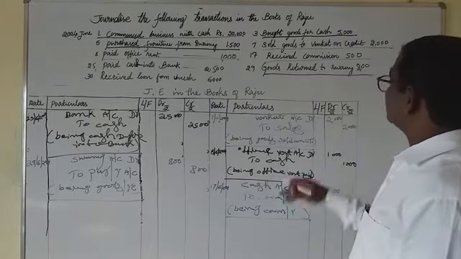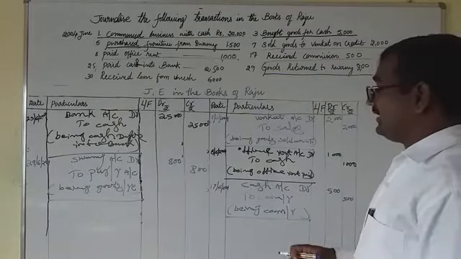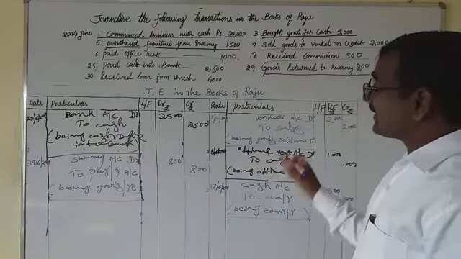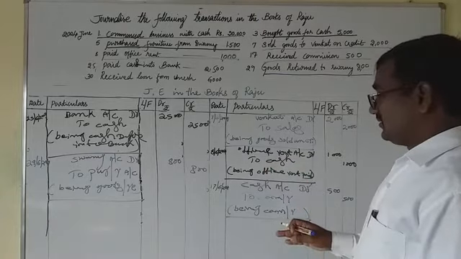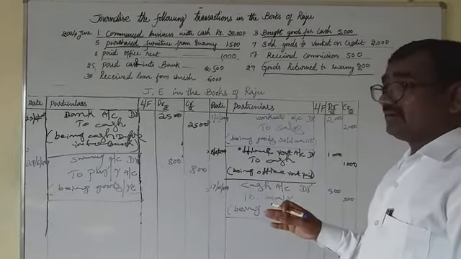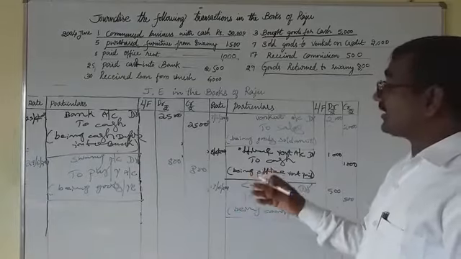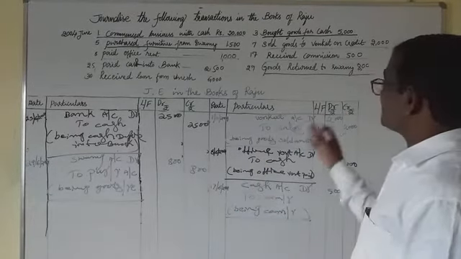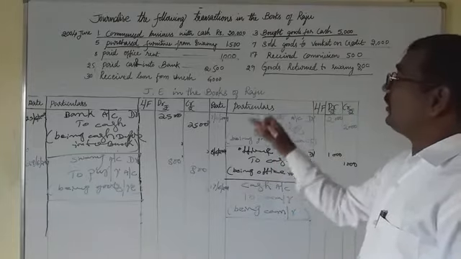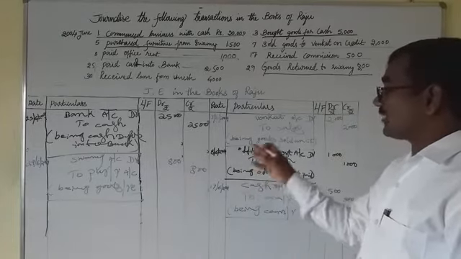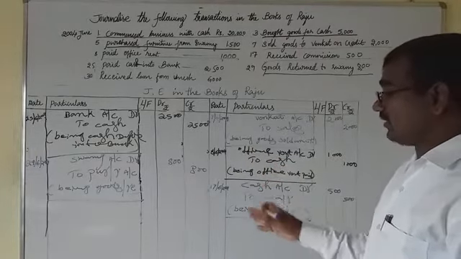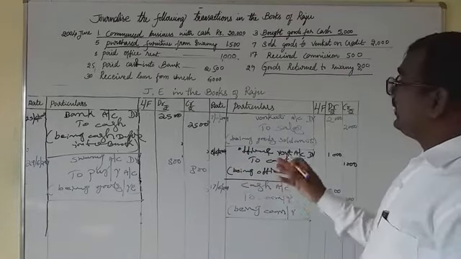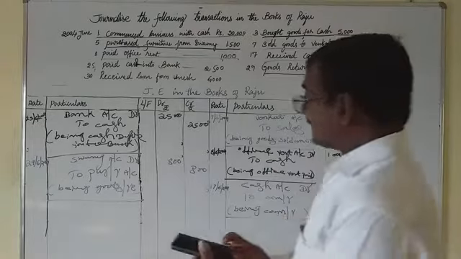Swami is the receiver, that's why we write Swami account debit to purchase returns account, being goods returned, 800. And the final entry.